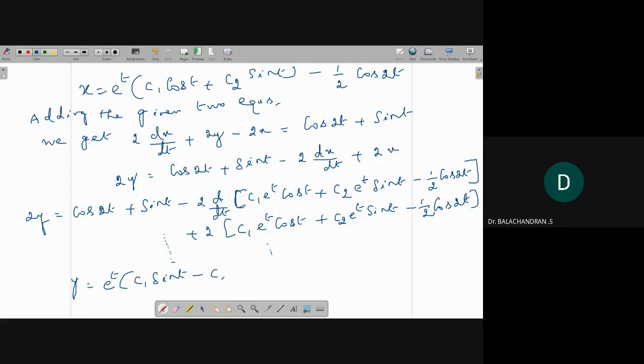I don't want to explain much more here, and also the time is around 12:15. Sin 2t divided by 2. So this is the final answer for y.